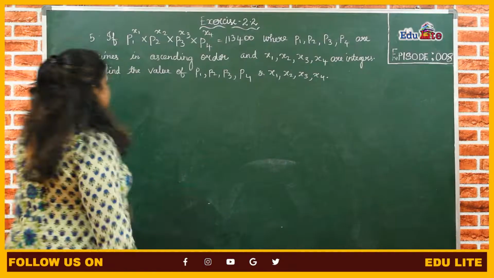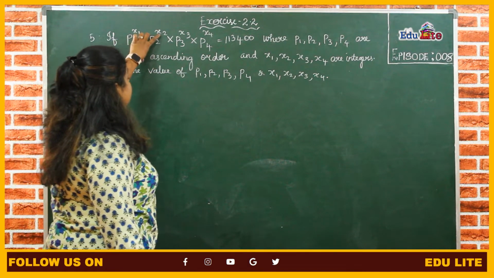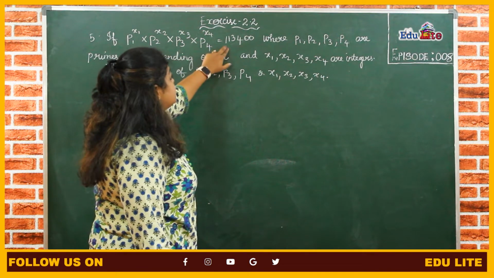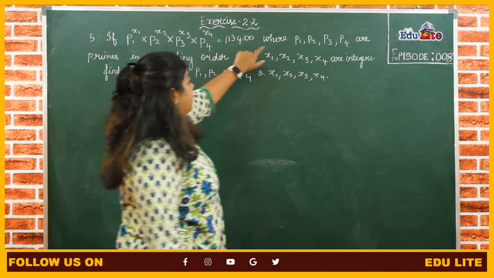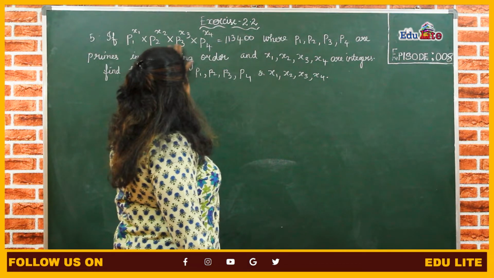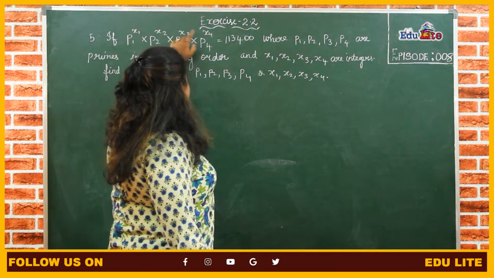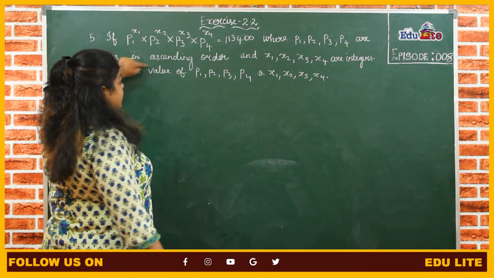Hence found. Next question is, it is given in the format P1 power x1 into P2 power x2, P3 power x3, P4 power x4, which is equal to 113400. The number is expressed where P1, P2, P3, P4 are all primes and x1, x2, x3, x4 are all integers, whereas the primes are in ascending order.